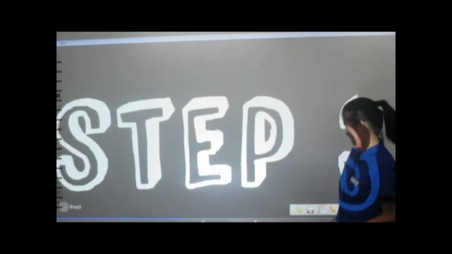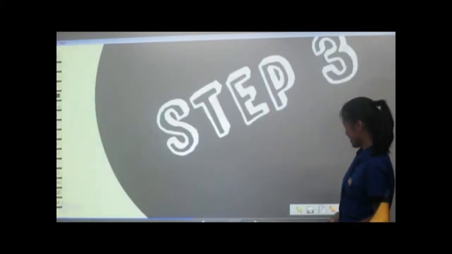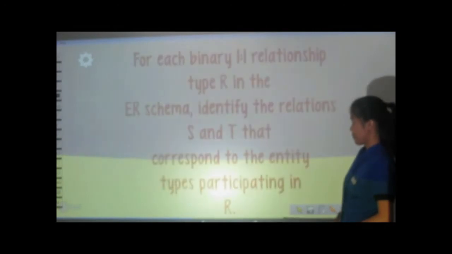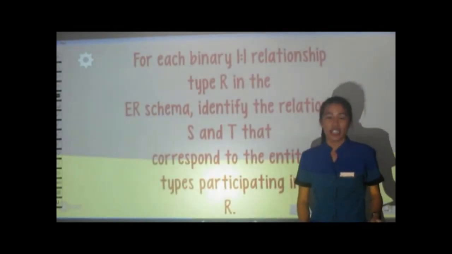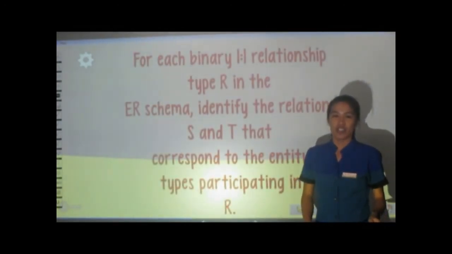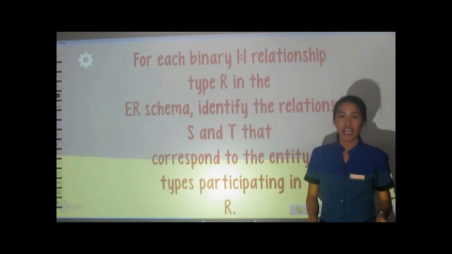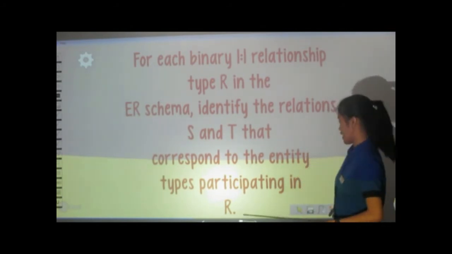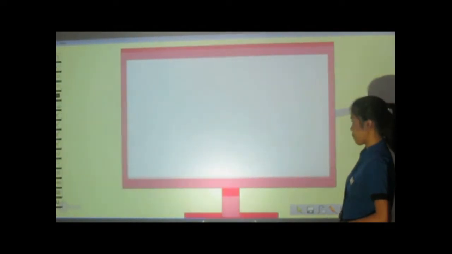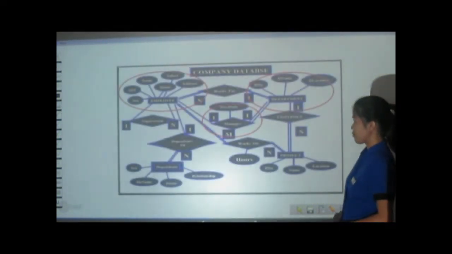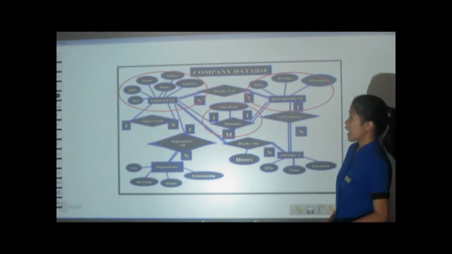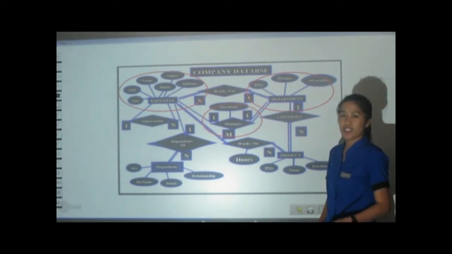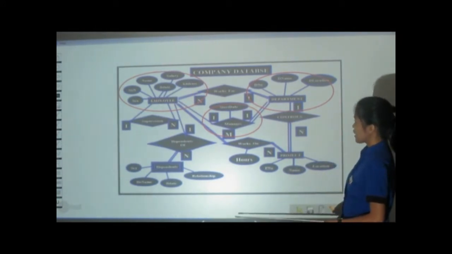Step number 3. It says that you must choose one of the relations and include as foreign key in the S the primary key of T. On this diagram, the one-to-one relationship is the employee and the department.